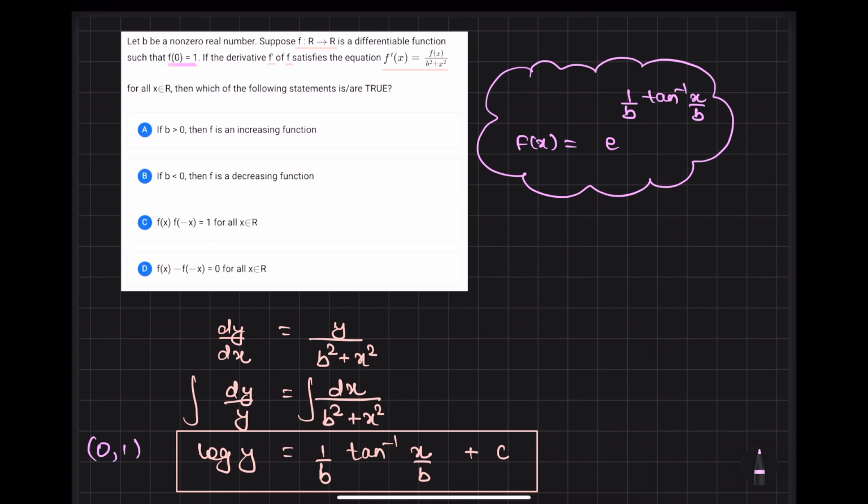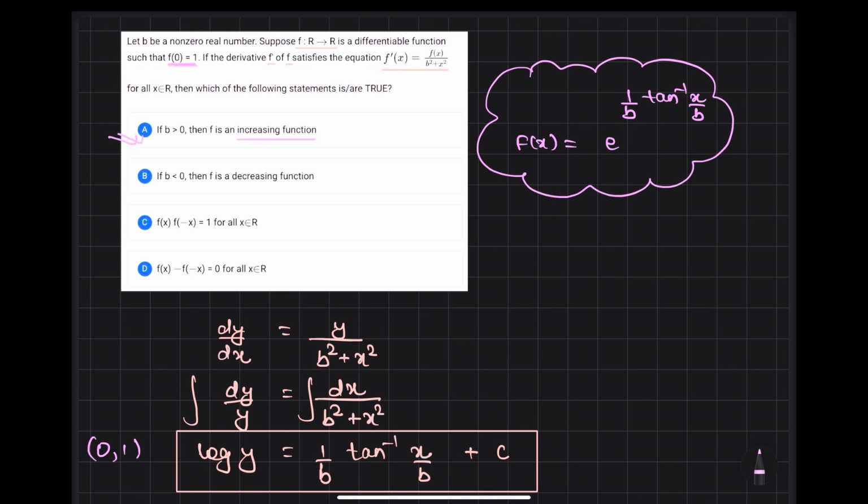So look at this. They are saying that b greater than 0. It doesn't depend upon b. Okay, so b can be less than 0 or greater than 0, but b cannot be 0, but whatever it may be, it depends upon the base whether it is increasing or decreasing. So the given function is increasing in option 1.